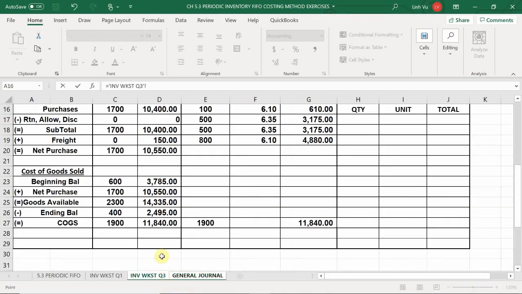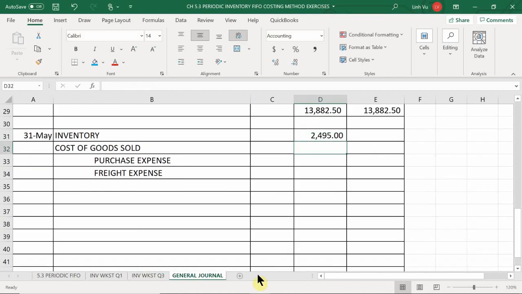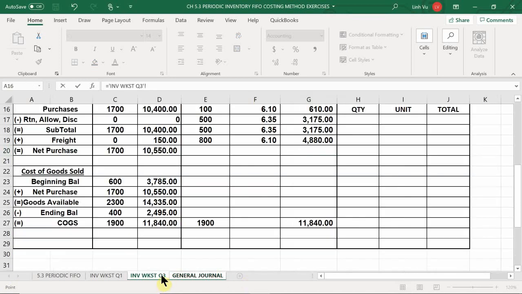So let's do my equal sum real quick, because that's the ideal. In order to complete my journal, my debits and my credits must match. In this case, my debits are 14,335, while my credits show 10,550.